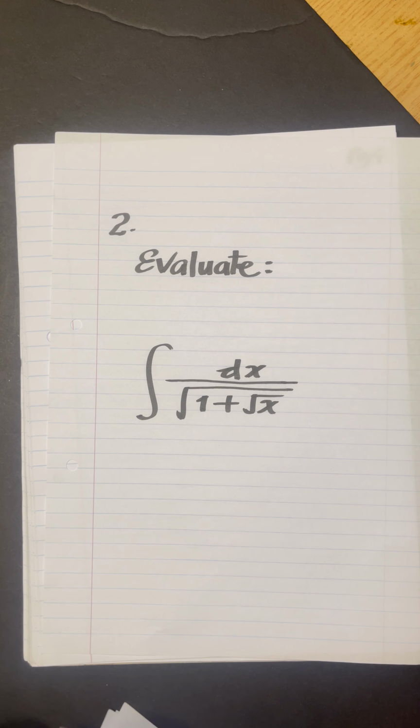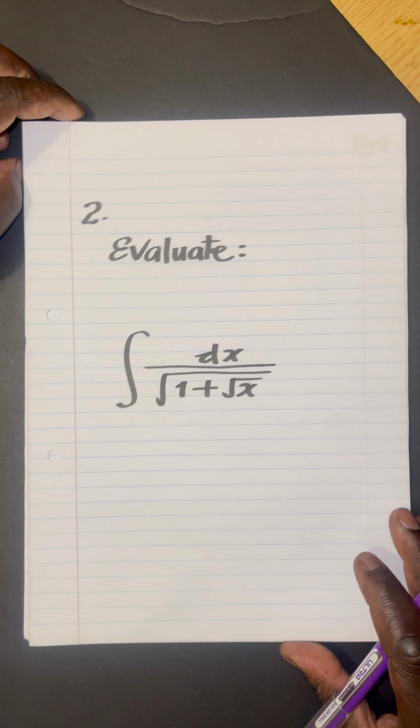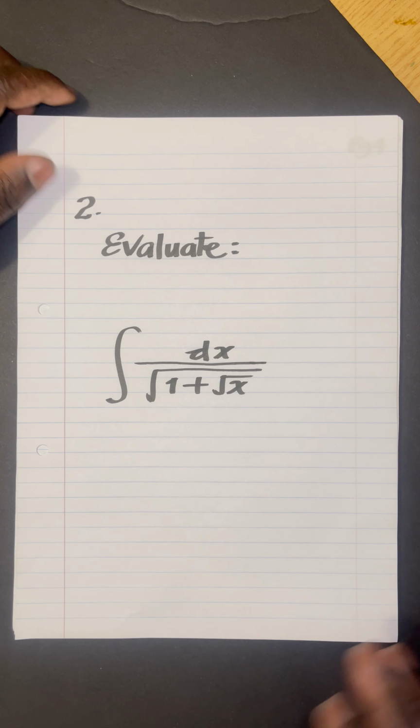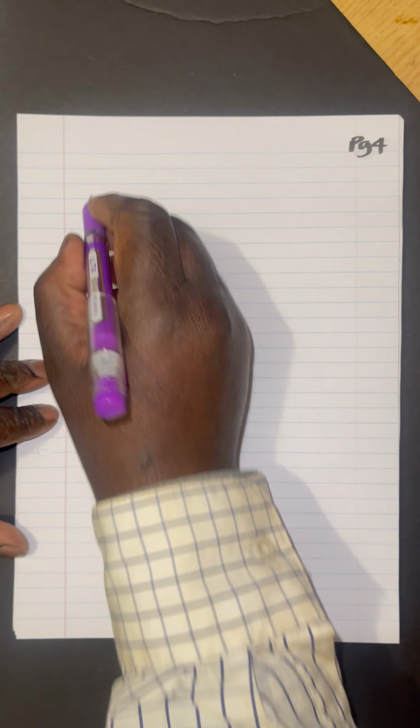Let's look at the second integral. The second integral we have is this one here. How do we go about it? Well, applying the same technique we've used in our first integral, we can rewrite this and proceed as follows.